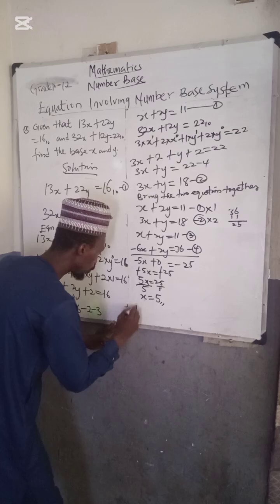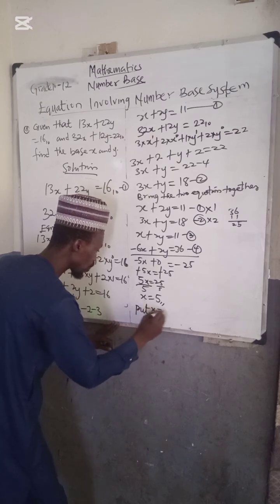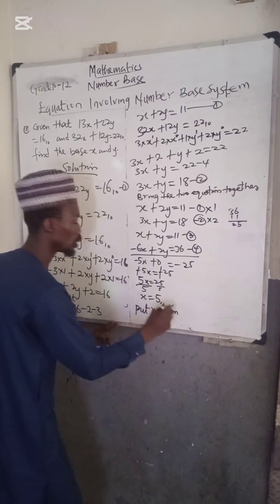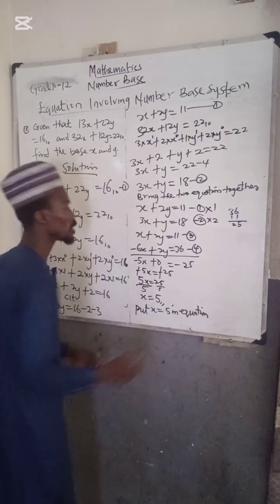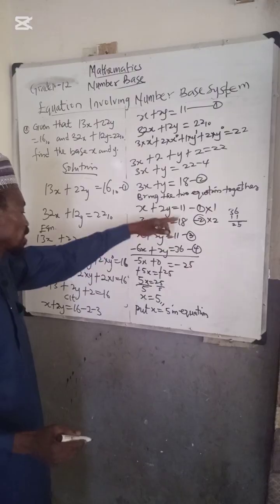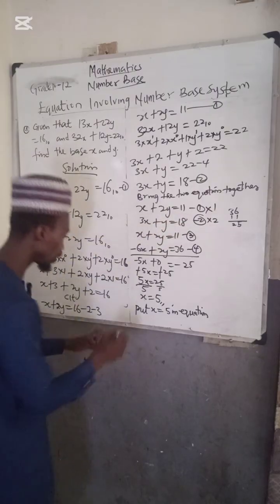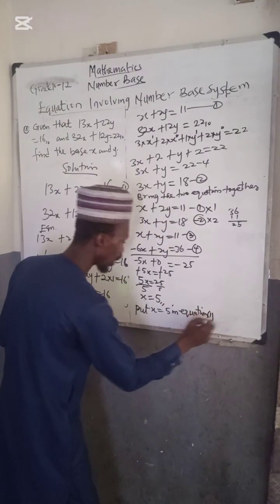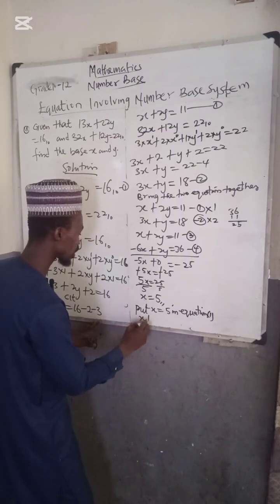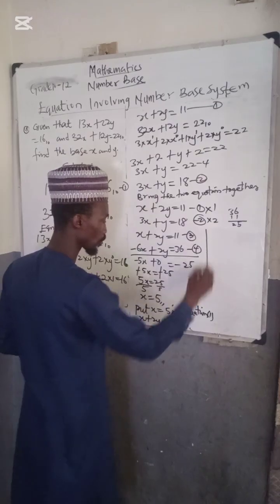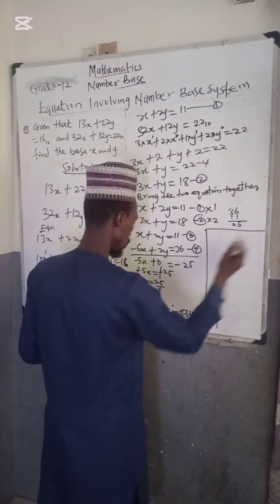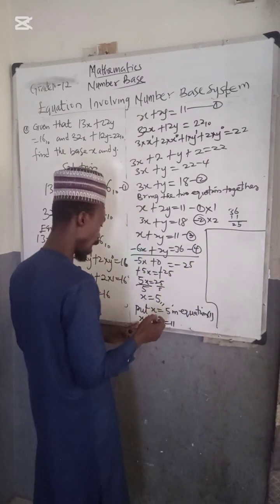Now put x equals 5 in any equation you like, either equation 1 or equation 2. Let's choose equation 1: x plus 2y is equal to 11. Anywhere we see x, we put 5.